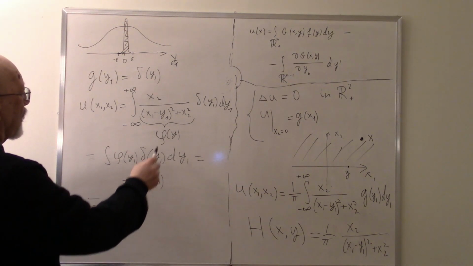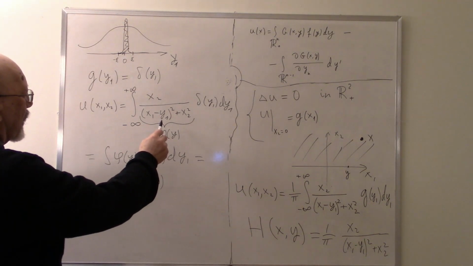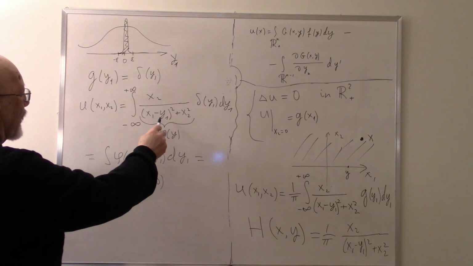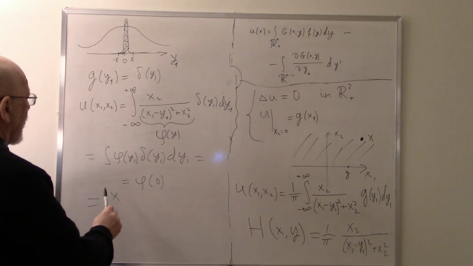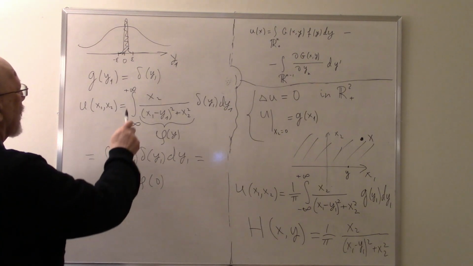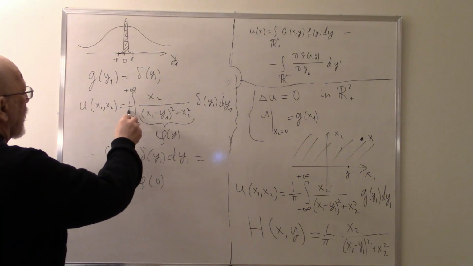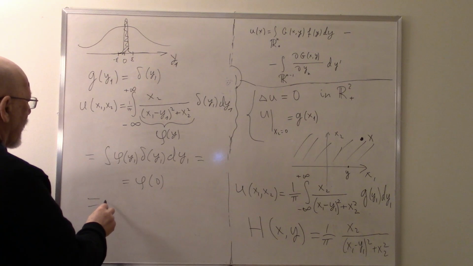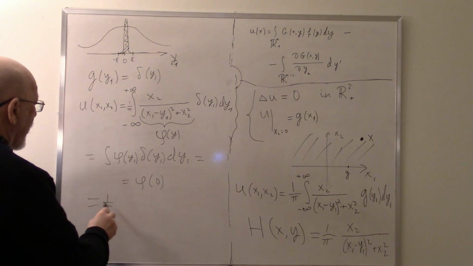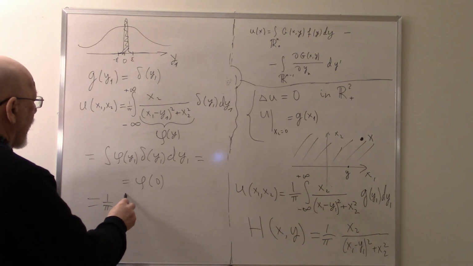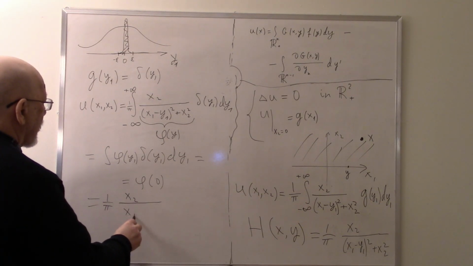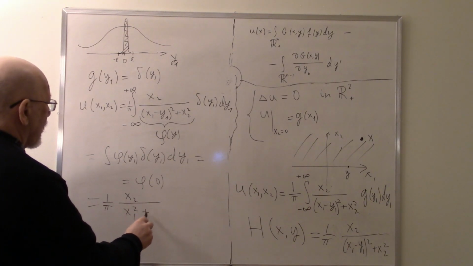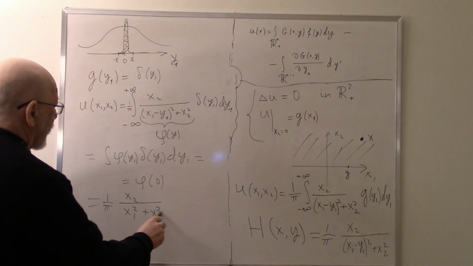Now what is phi of 0? I have to substitute here y1 equals 0. It equals 1 over pi, x2 over x1 square plus x2 square.